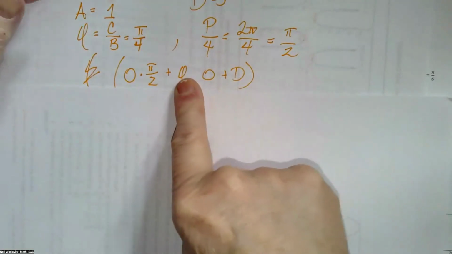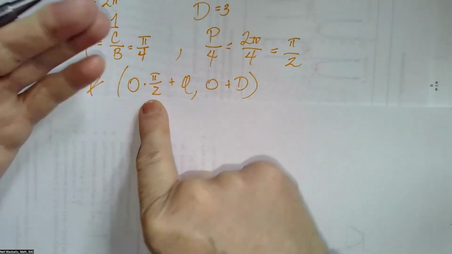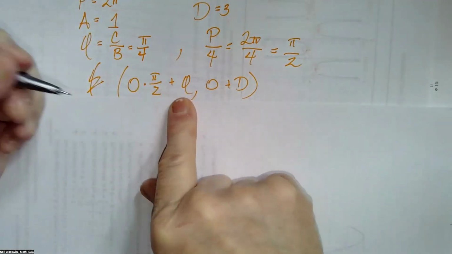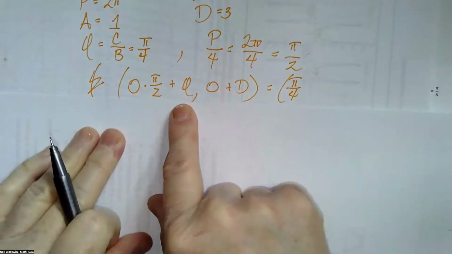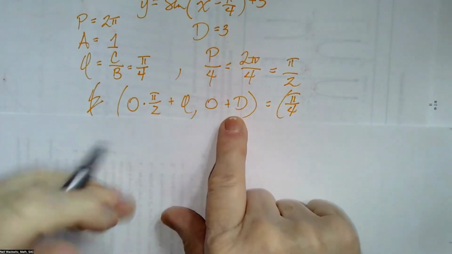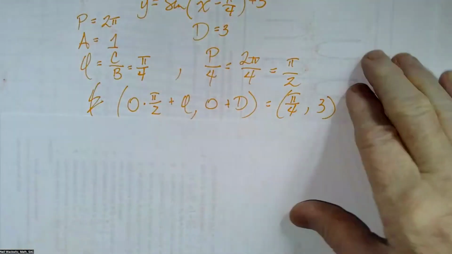Let's see, we said that c was pi over 4. 0 times pi over 2 is 0, so plus pi over 4 is just pi over 4. We said that d was 3, so this is pi over 4 comma 3.